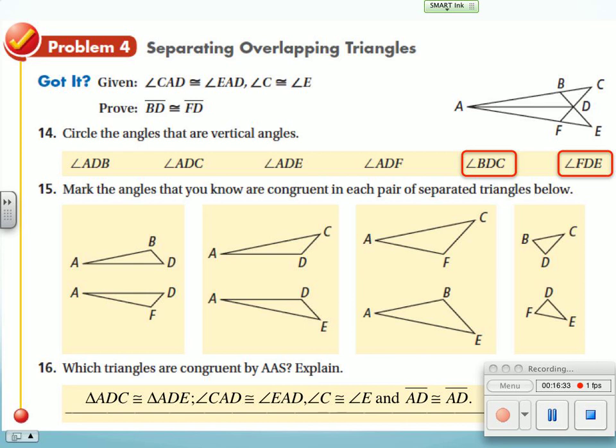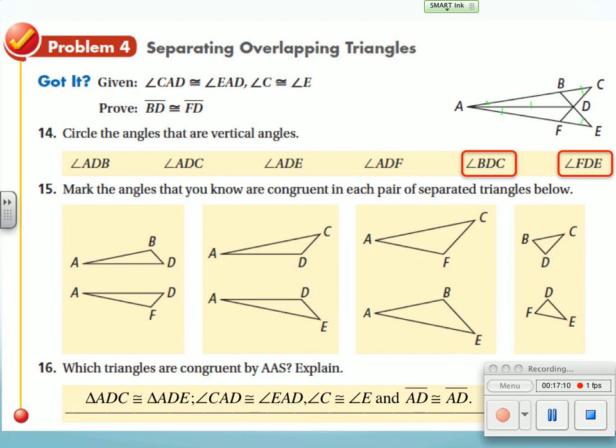And angle C is congruent to angle E, and AD is congruent to AD, a common side, they share a common side. So I got angle CAD, angle EAD, angle C and angle E, and then this side that they share, so that's angle, angle, side.